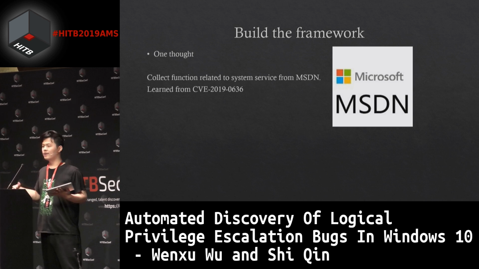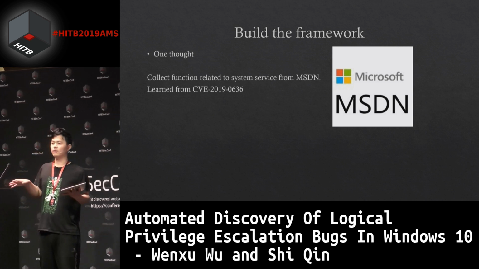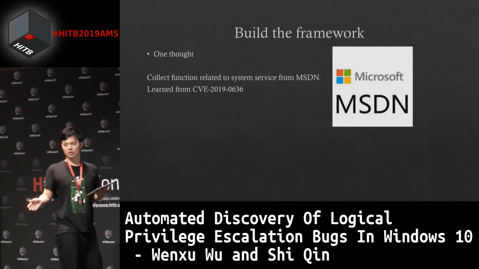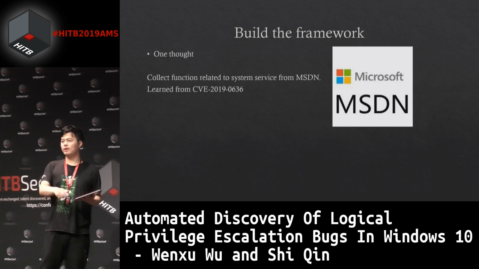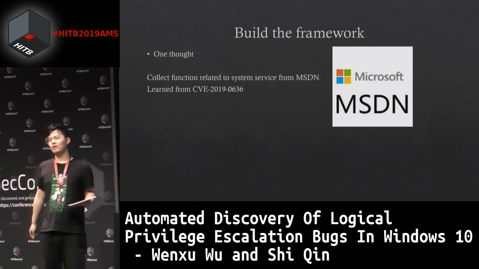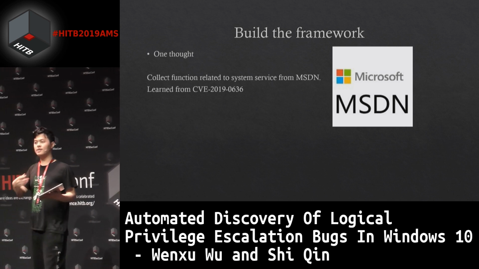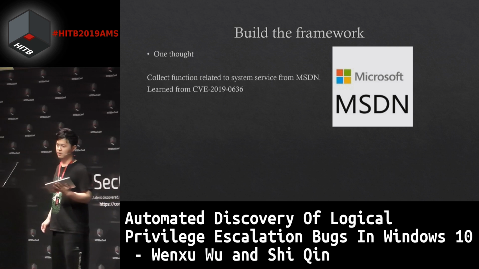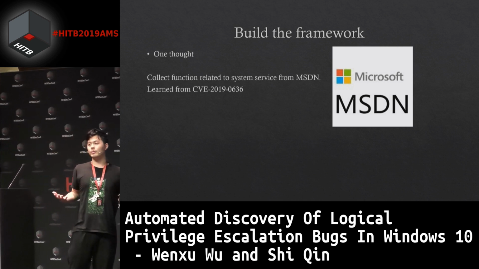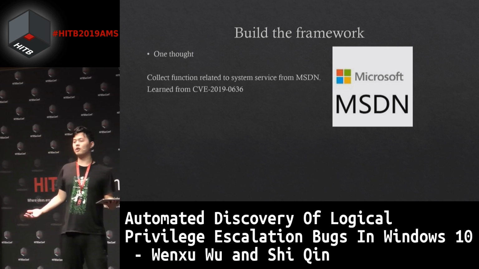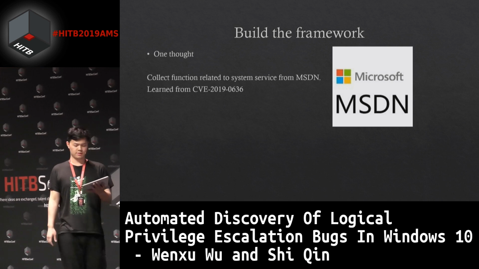So I came up with another way to trigger system services, that is to say, to interact with them. I got the idea from example 2 that I talked about. It is not an ALPC interface, just a function related to system services.